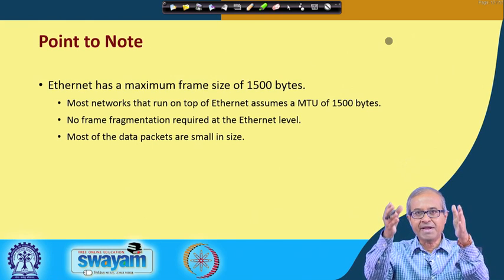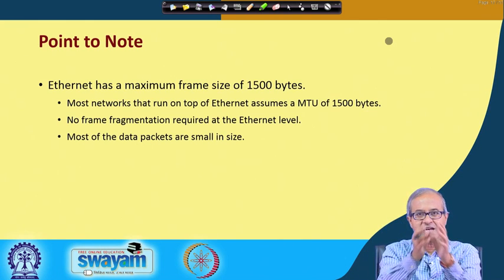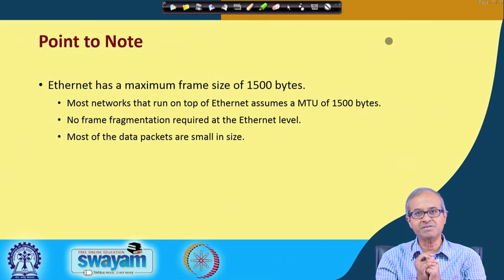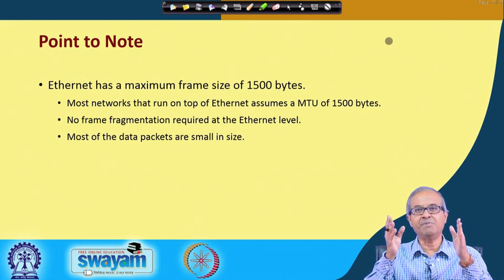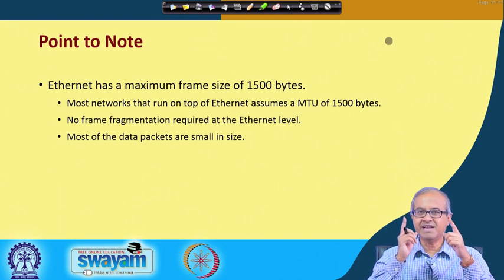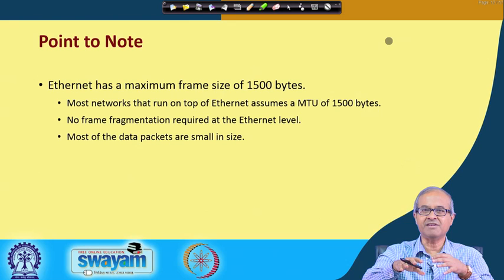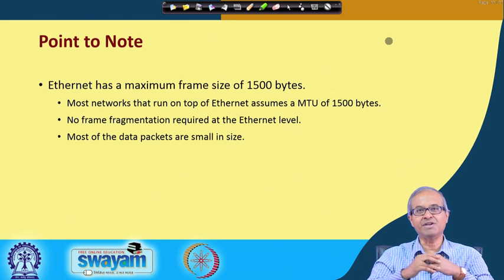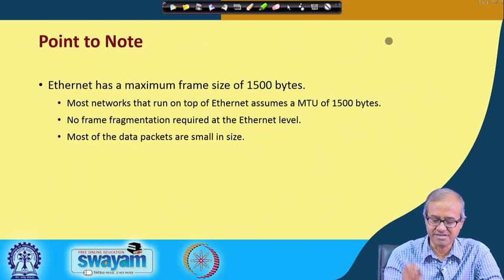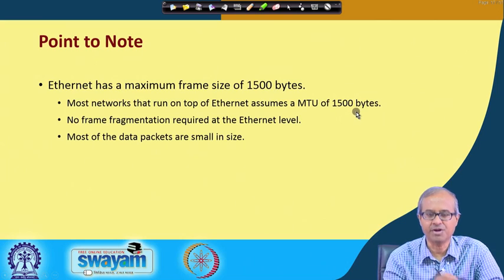So, when a packet goes down to the Ethernet level, it has to be broken up into smaller frames. So, there is some kind of fragmentation happening at the Ethernet level. Just to avoid that, some of the IP layers put a restriction that let us limit the packet size to an MTU of 1500, so that at the Ethernet level we do not have to carry out any additional fragmentation. This is one of the important points.